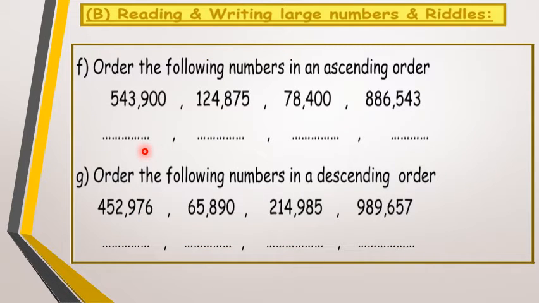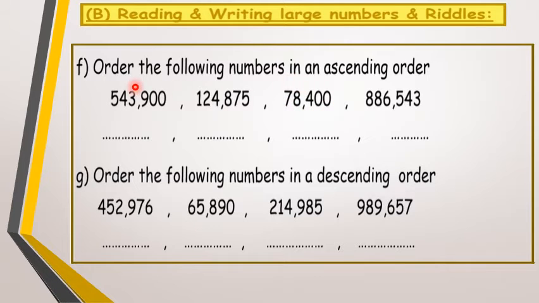Here I want to order these numbers in ascending order. So I have these 4 numbers and I want to arrange them ascending, from the smaller to the greater.